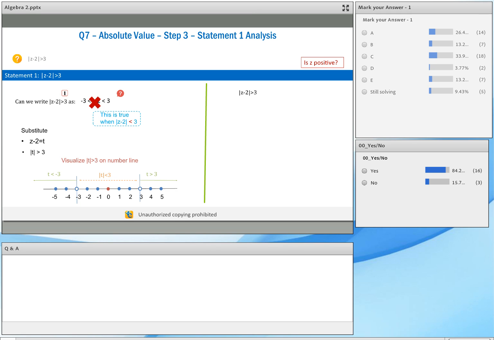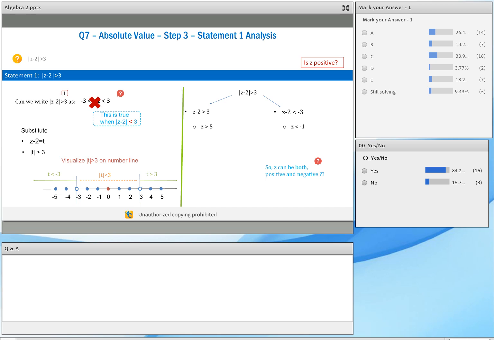Mod of Z minus 2 is greater than 3. There are 2 possible cases: Z minus 2 is greater than 3 or Z minus 2 is less than -3. In those 2 cases, mod of Z minus 2 will be greater than 3. What you get from here is Z is greater than 5 or Z is less than -1.